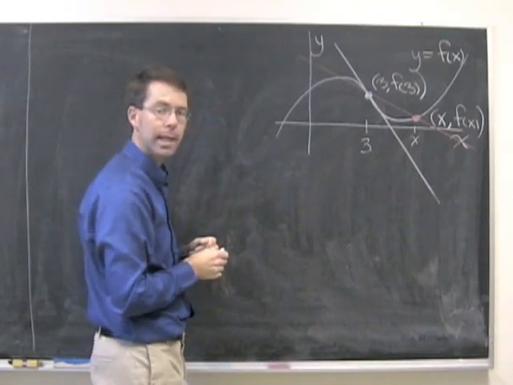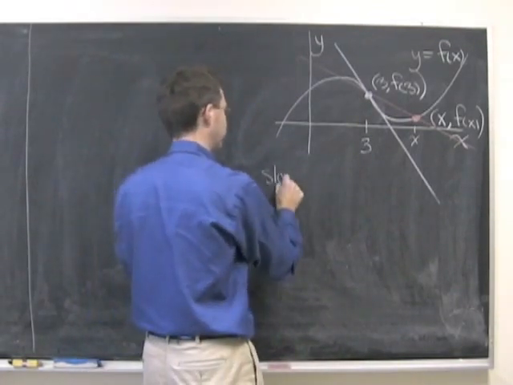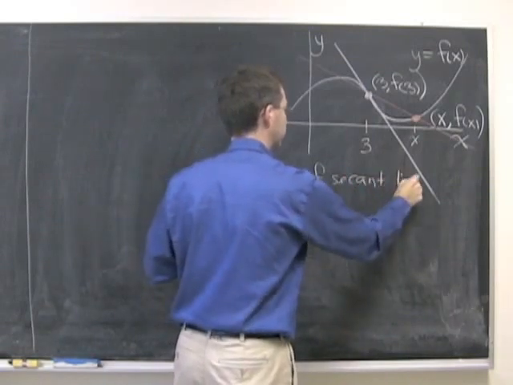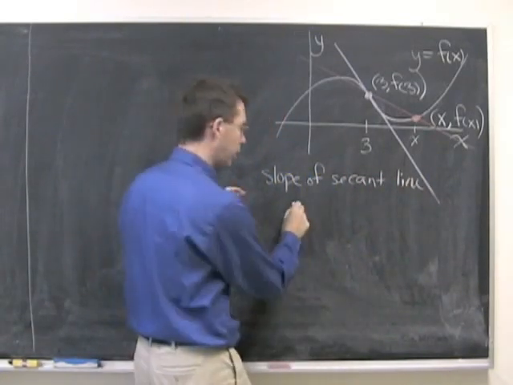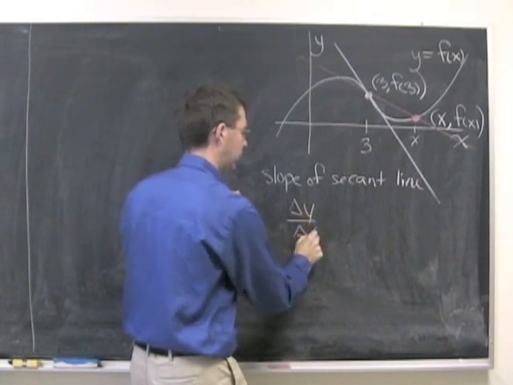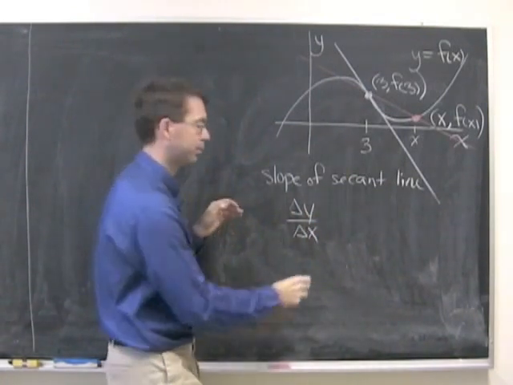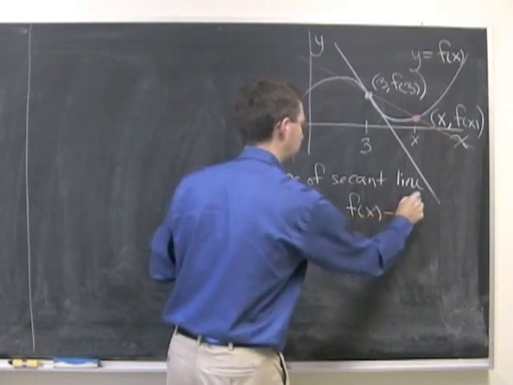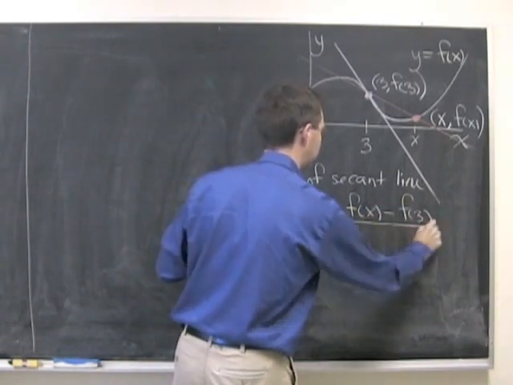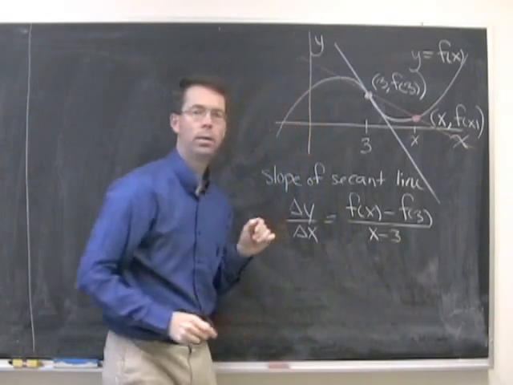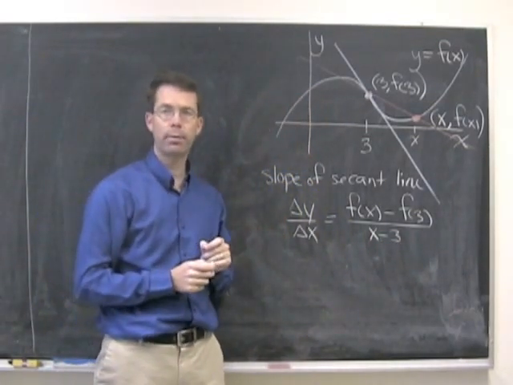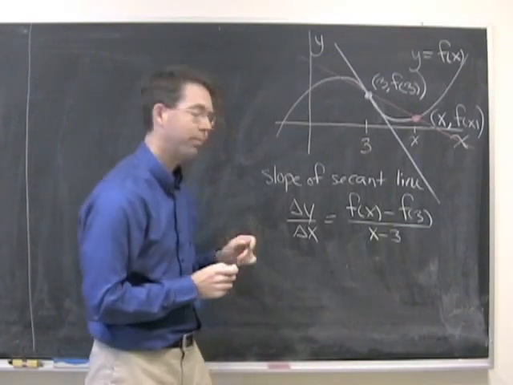The slope of the secant line has a value delta y over delta x, which is given by f of x minus f of 3 divided by x minus 3.